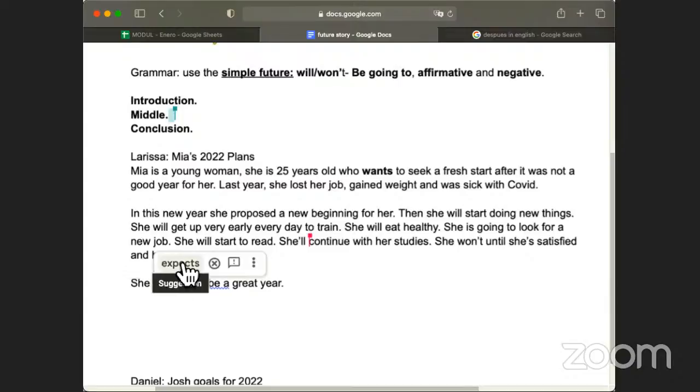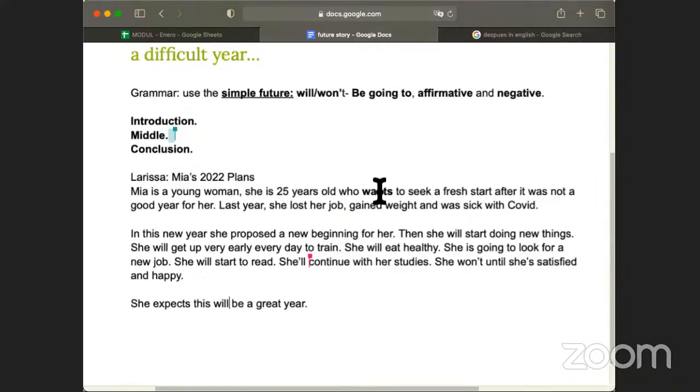That's why. Okay, with this, she expects this will be a great year, it could be, no? Okay. All right. So, can you read your story for us, please?